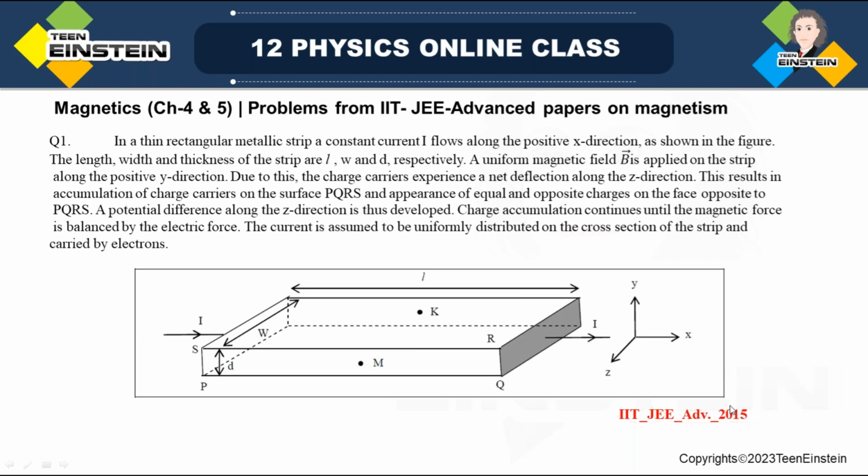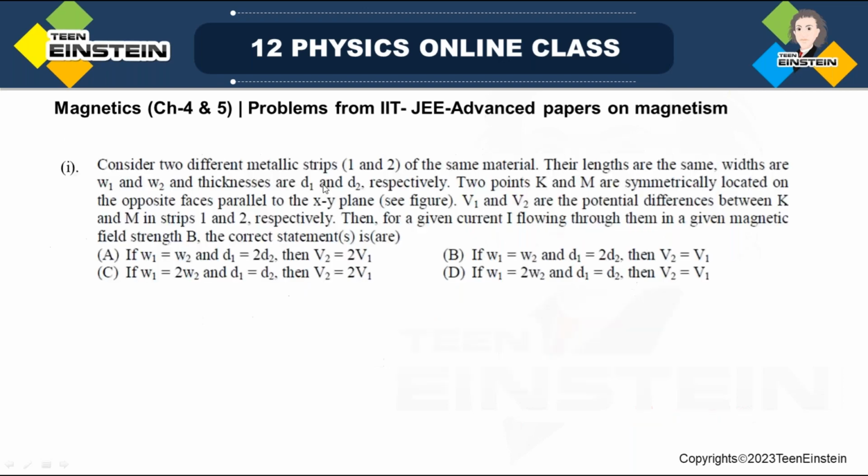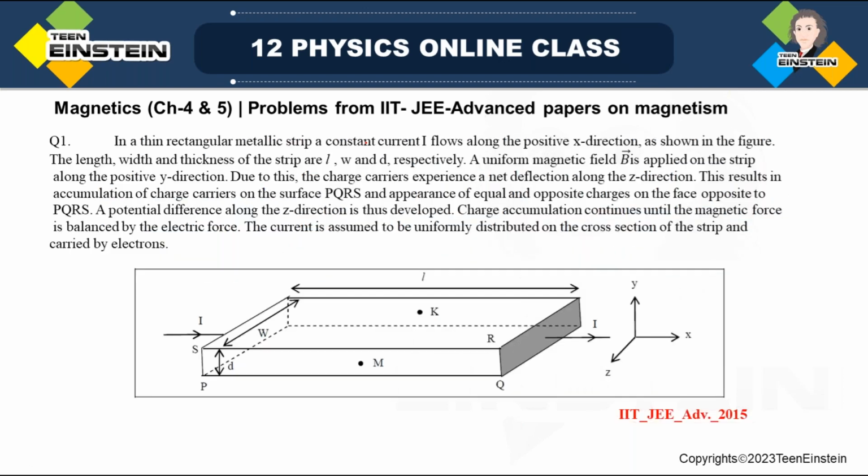So, this is a paragraph based question, and to solve this kind of problem we need to first read the paragraph carefully and try to understand the physics behind it, the physics given in the paragraph itself.